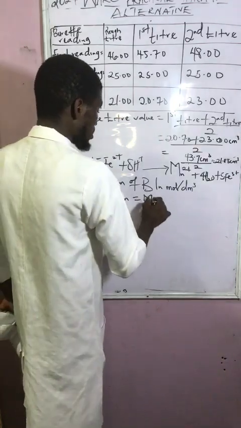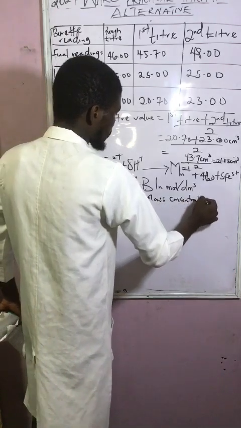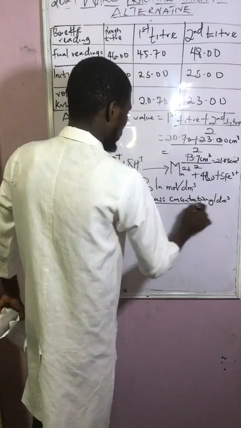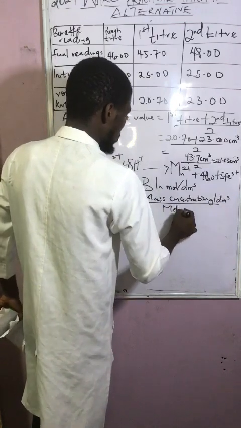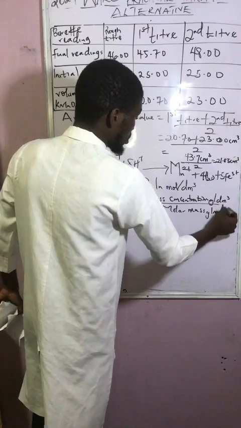So we have mass concentration divided by molar mass. The unit is what? Gram per mole.